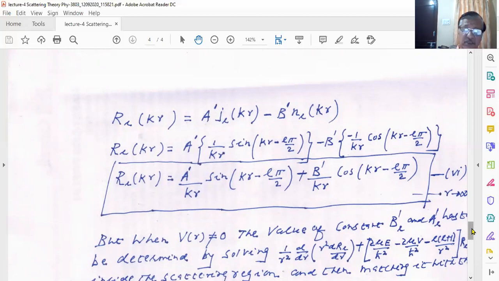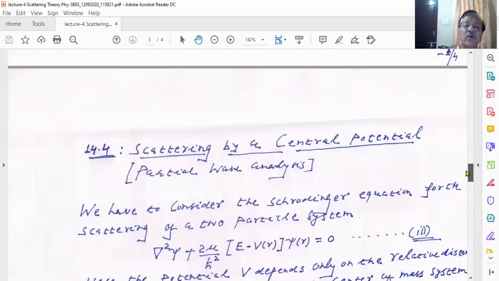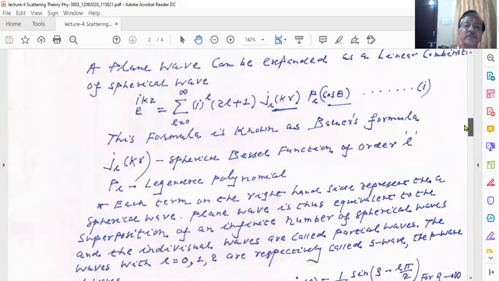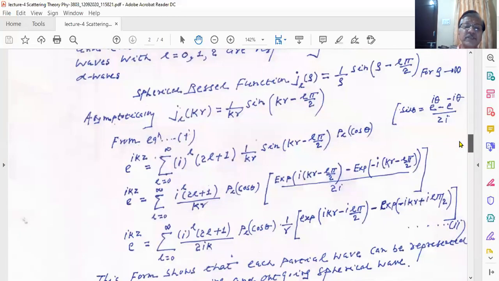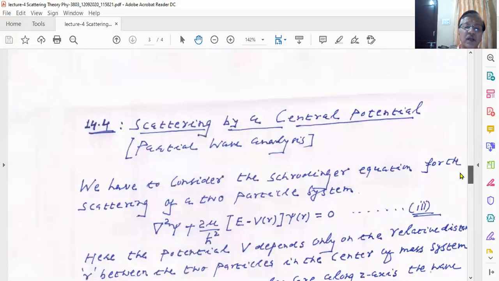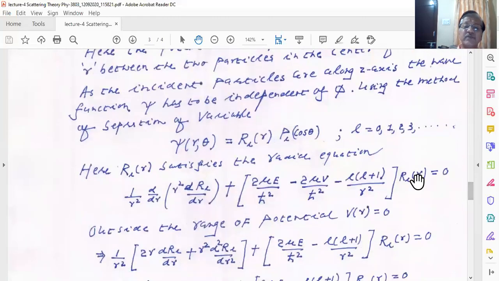So you see this equation which we have already mentioned, the first equation. This equation we have to solve: 1 upon r square d by dr, r square d by dr of R_l plus 2 mu E over h cross square minus 2 mu V over h cross square minus l(l+1) over r square.